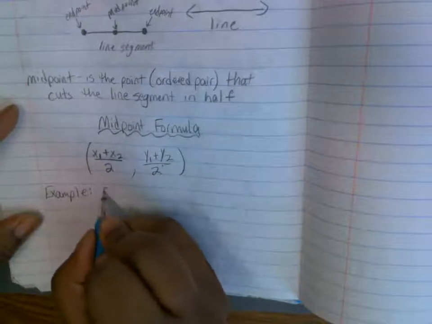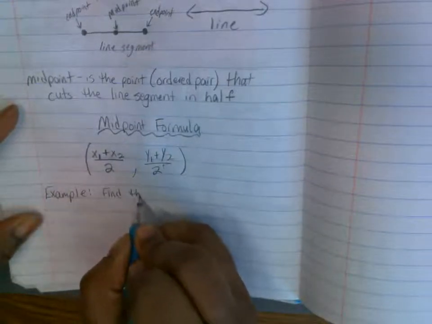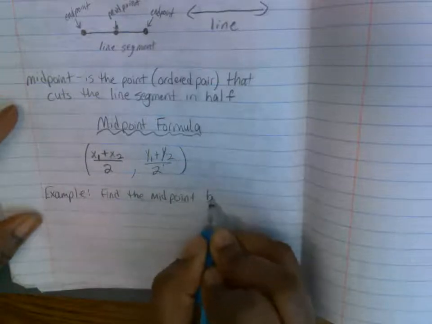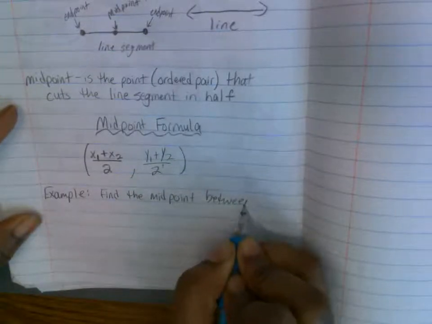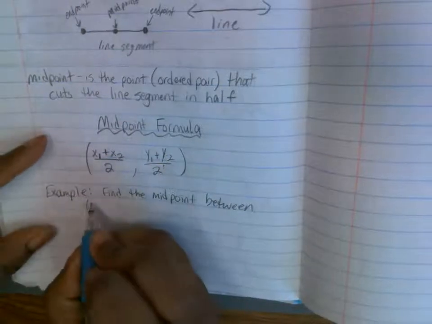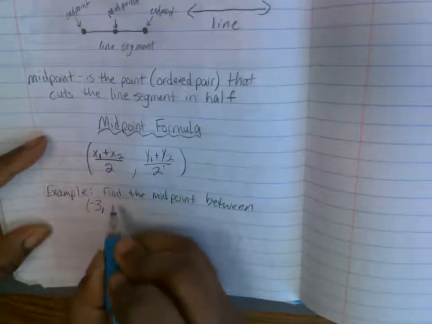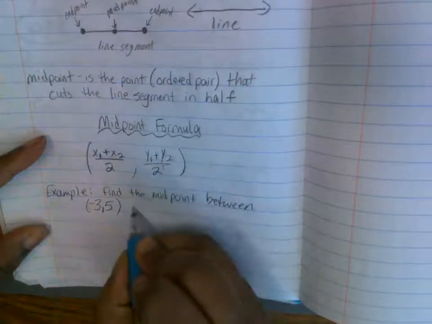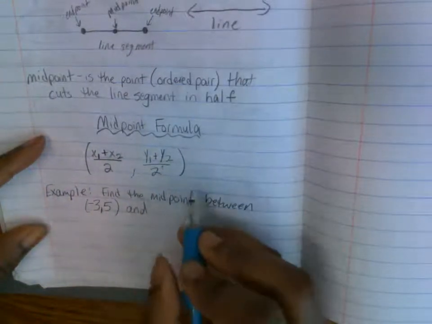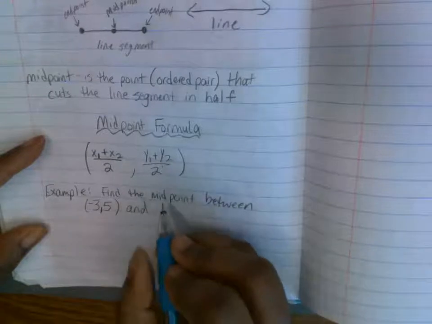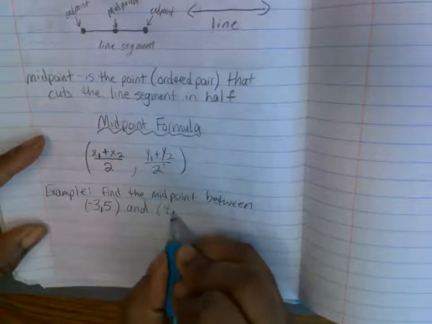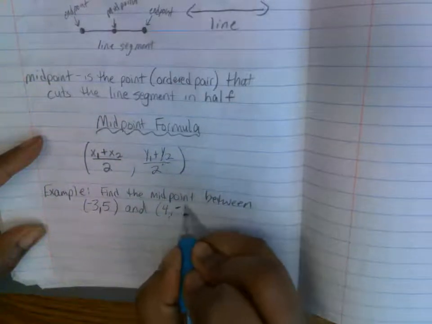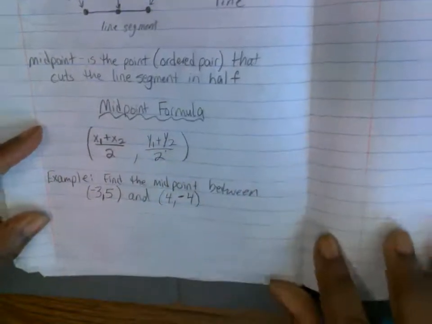We are going to find the midpoint between (-3, 5) and (4, -4).